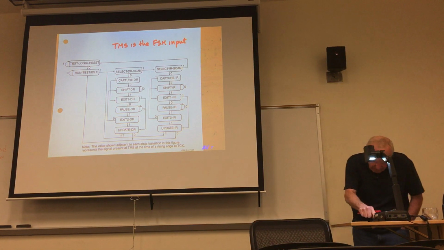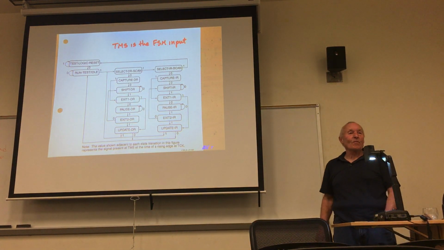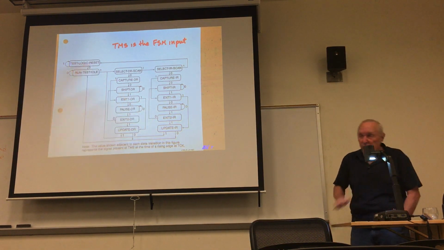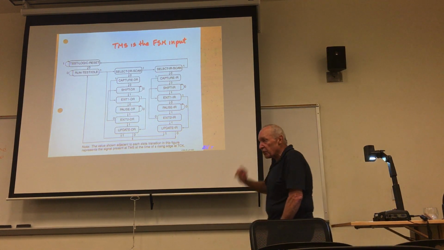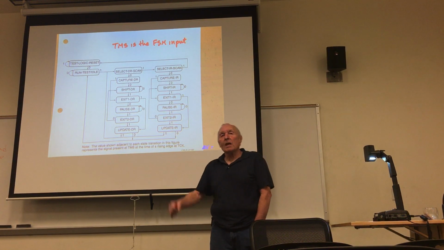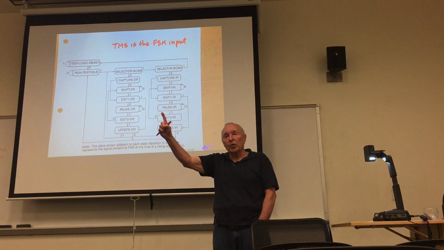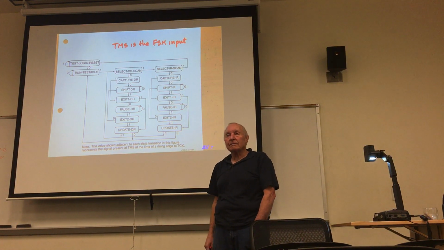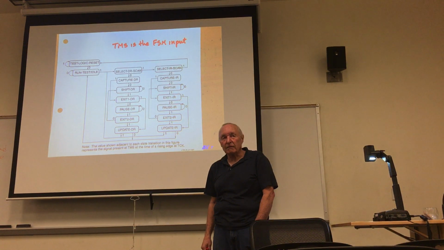That is what the input is. Now here's how they get this into the initial state without requiring an external reset signal. You set test mode select equal to 1, and you clock it 5 times. And you're in the initial state.